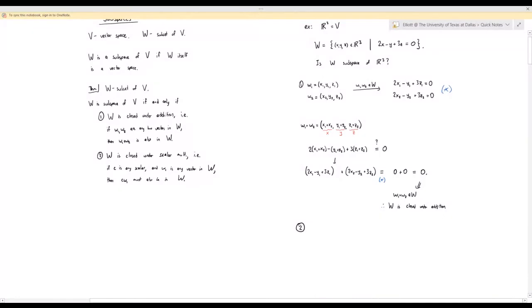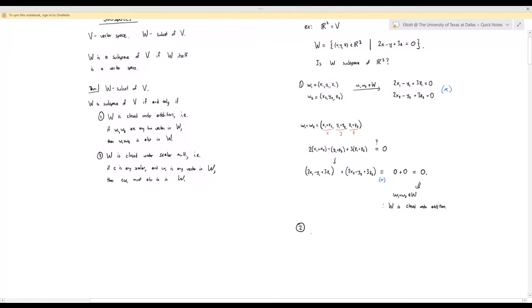For scalar multiplication, you want to take a vector in W, multiply it by a scalar, and then argue whether or not that multiple is in W. So let me continue working with W1 from the first part.